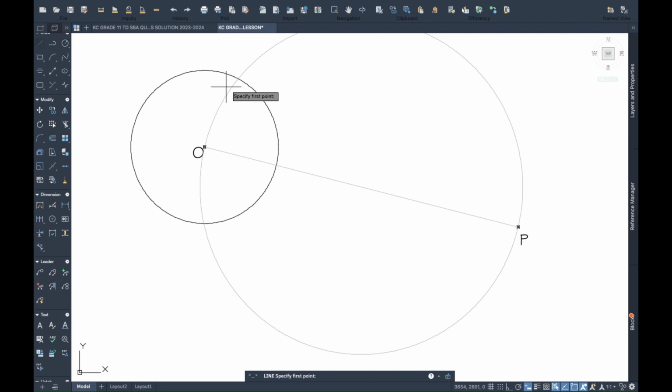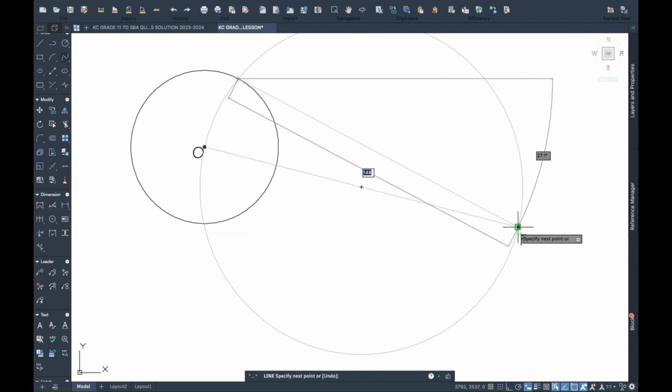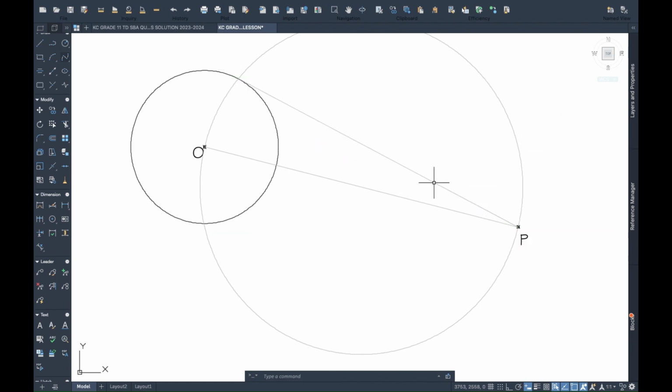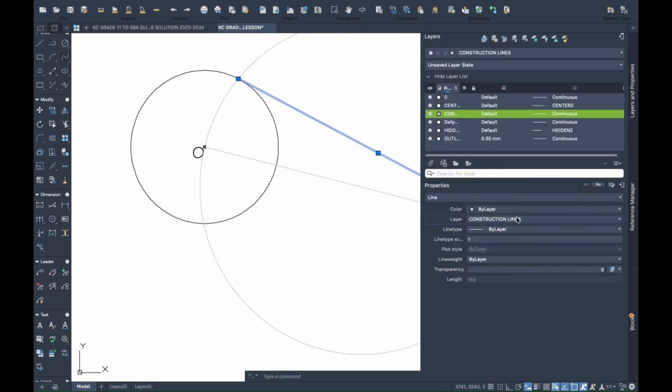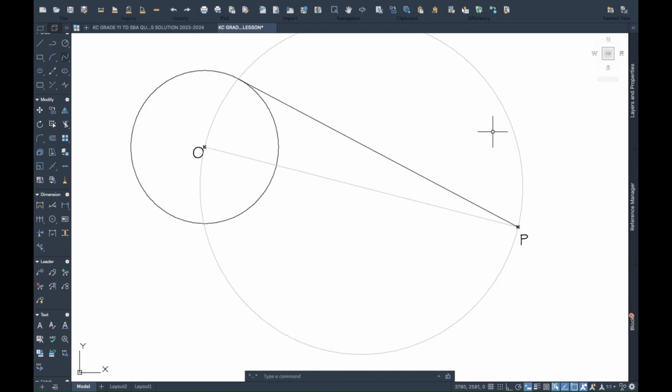So from here, anywhere the semicircle cuts the circumference of the circle, here or here, these are the tangent points. So if I connect from here to here, then this line, let me brighten it, that line is said to be a tangent. So this line is a tangent to this particular circle. Alright, we'll do leader.